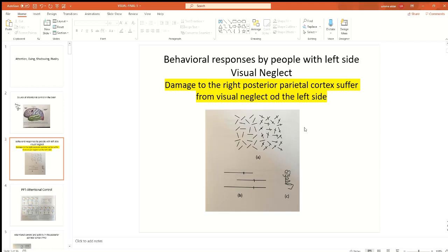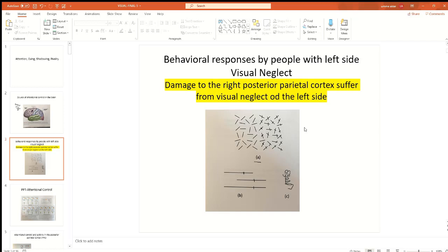In A, you see here, the patient was asked to cross the lines and just put a mark on the lines, and he was given unlimited time to complete putting a cross on those lines.